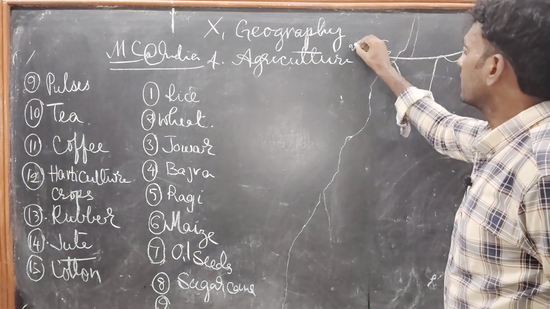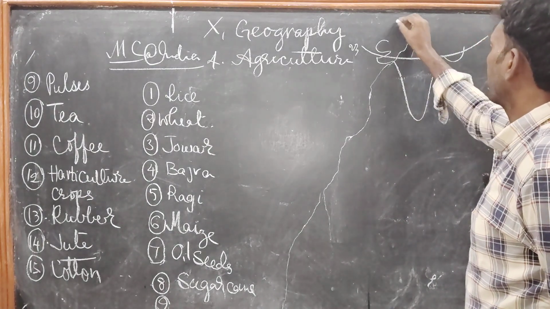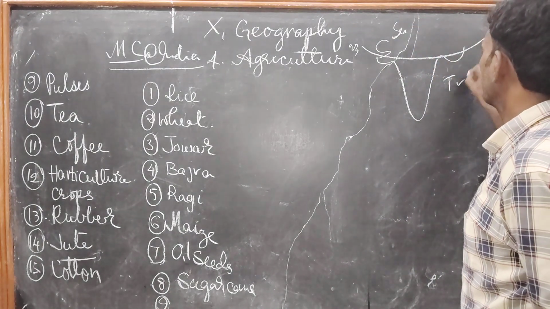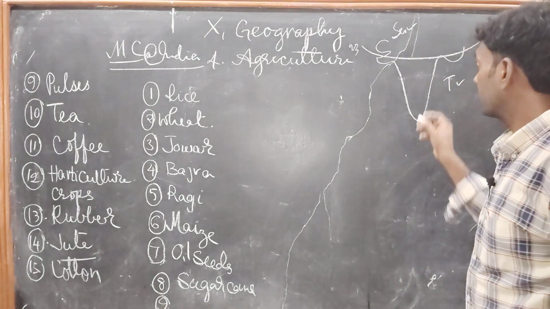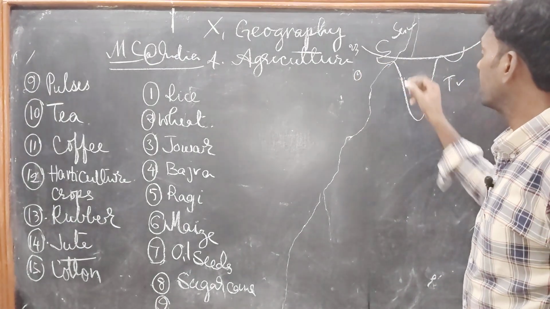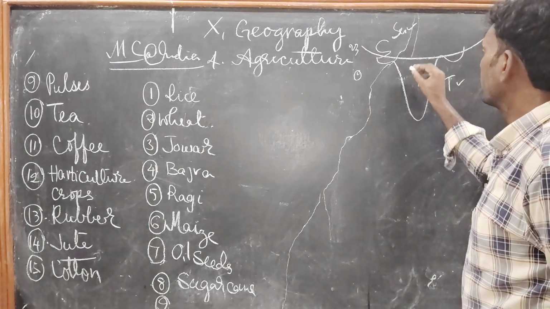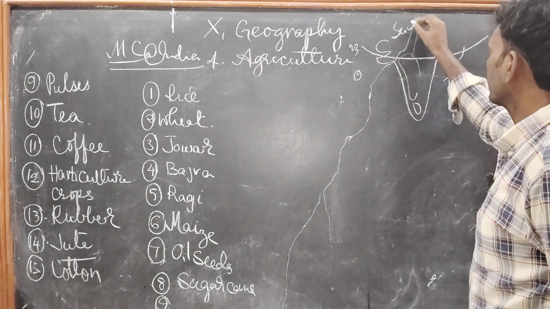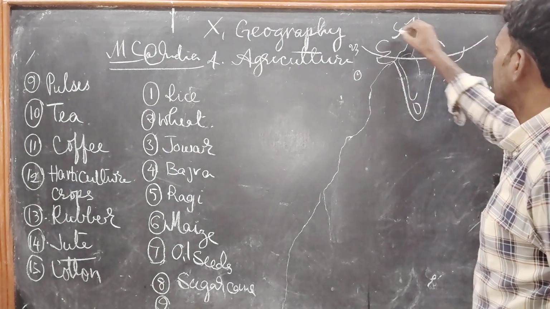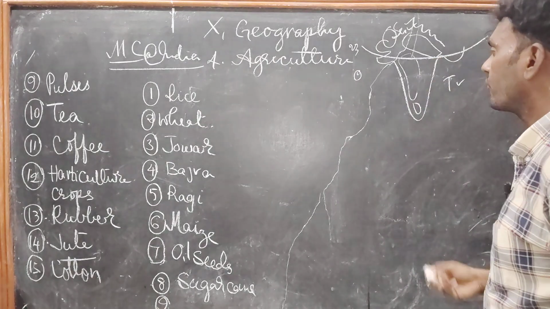Climatic diversity: temperate zone, subtropical zone, tropical zone. And we also have different soils: black soil, red soil, mountainous soil, desert soil, and alluvial soil.